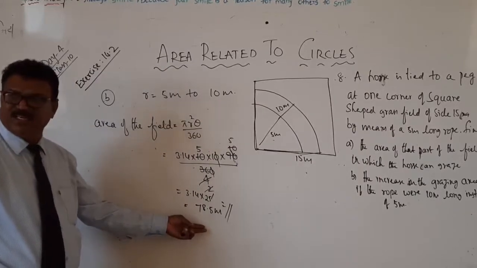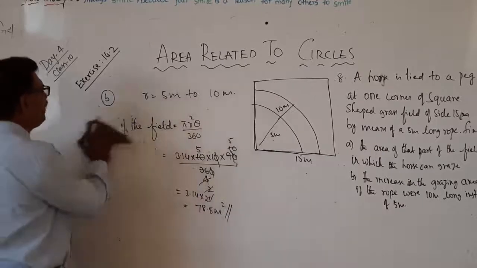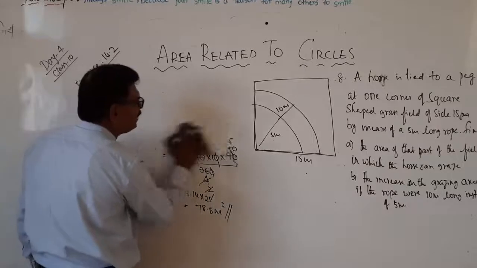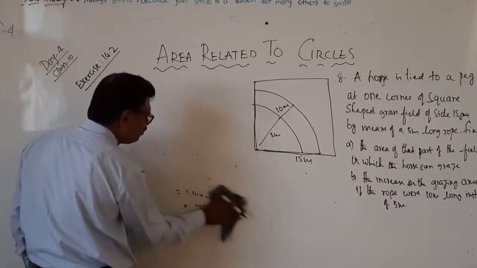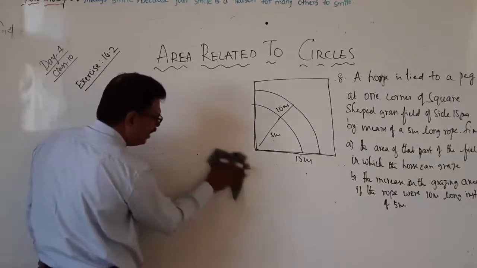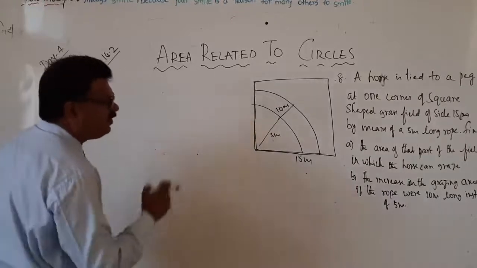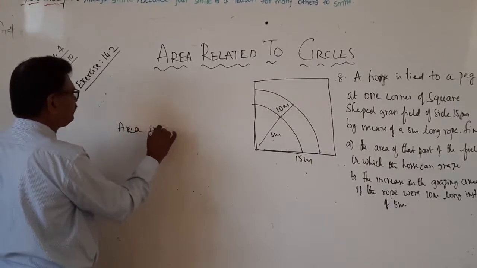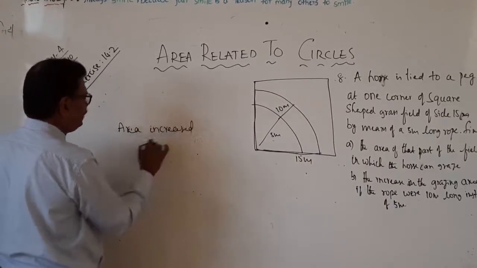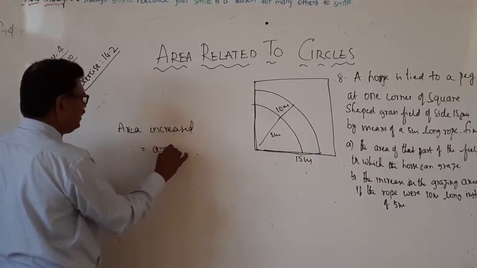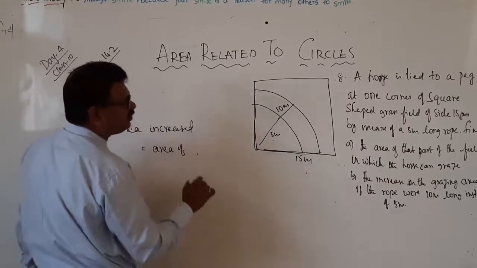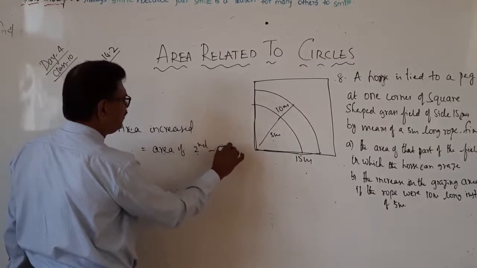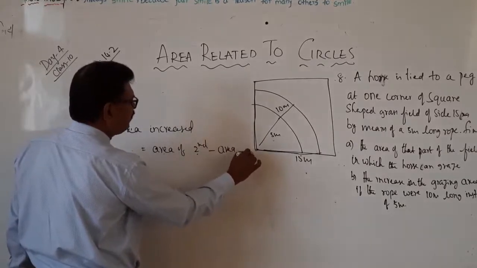Did you understand? Okay. Now we will find out how much area increased when the length of the rope increased from 5 meters to 10 meters. Therefore, area increased is equal to area of the second one minus area of the first.